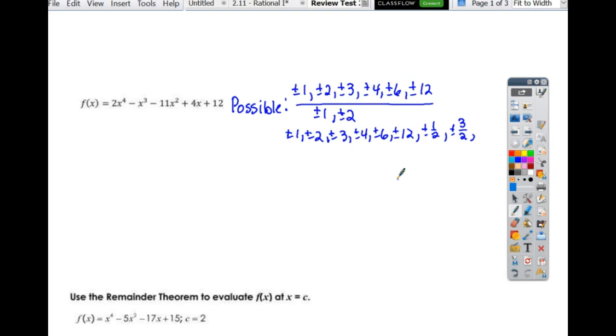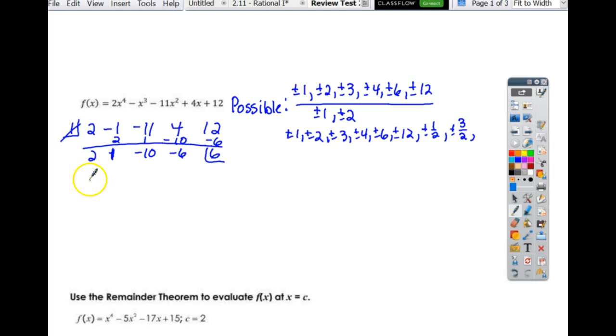So again, I'm just going to start with 1. So I have a remainder, so 1 is not a factor. So I'm going to try again with 2.